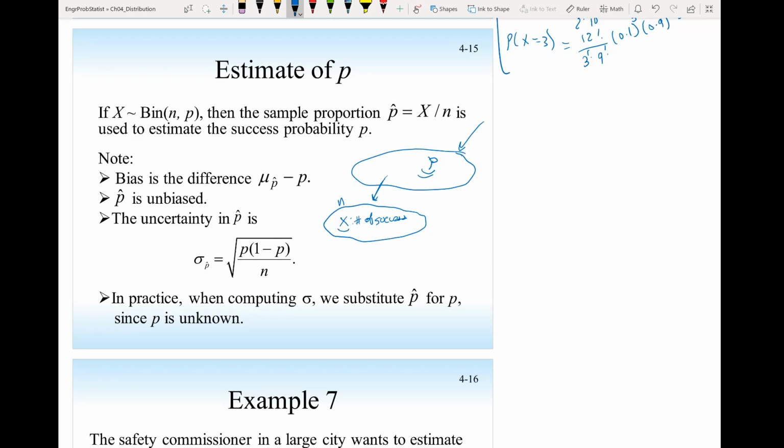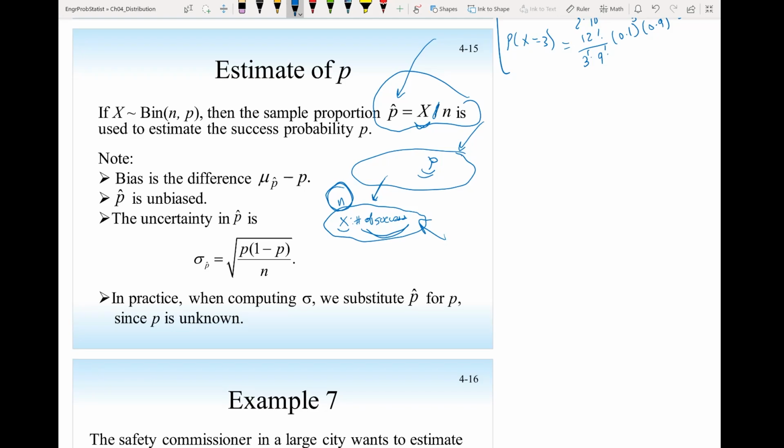And we count the number of successes, x. And then we estimate the probability of success as x, the number of successes in this sample, divided by n, the total number of transistors we tested. Now the question is, is this estimation of p biased or unbiased? And what is the uncertainty in our estimate? That's what we need to calculate.